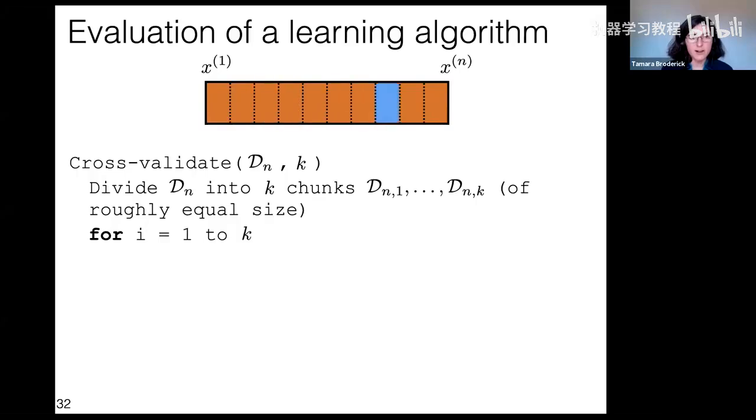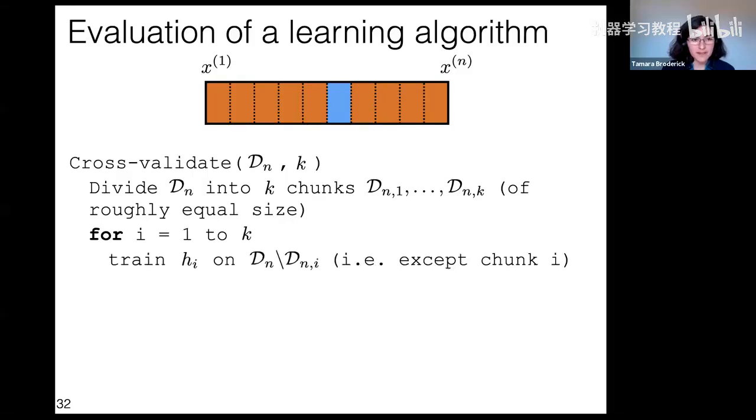We're going to do a for loop over all of these different chunks. Let's take one from the middle, and say this is i, the one we're on right now. We're going to take our learning algorithm. Remember, our learning algorithm takes in a training data set and outputs a classifier. Here, the input to our learning algorithm is all of the data except for the ith chunk.